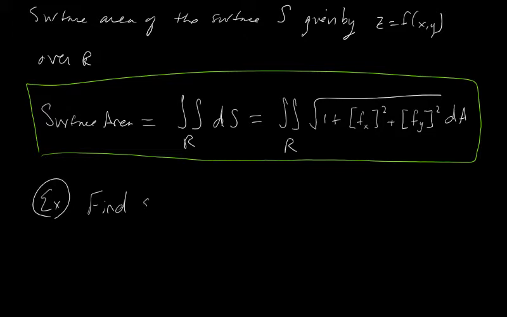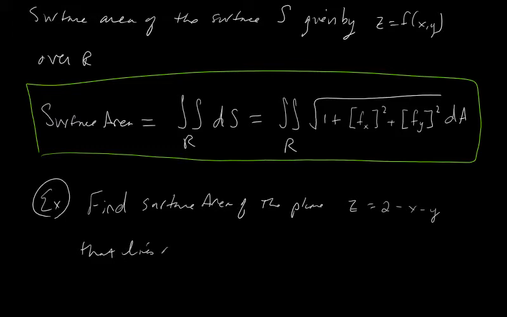All right, so find the surface area of the plane given by z equal to 2 minus x minus y that lies above the disk x squared plus y squared is less than or equal to 1 in the first quadrant.